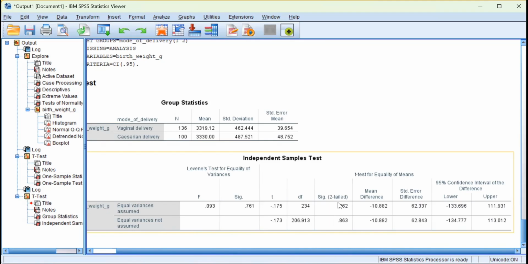Although some literature will tell you that babies who are born through CS are born that way because they have so much weight that they cannot pass through the vagina. But that's just one thing. That might not be the case. In some cases, it can be that the woman has an issue or has been operated on many times. So there are many reasons you can use to explain your result.